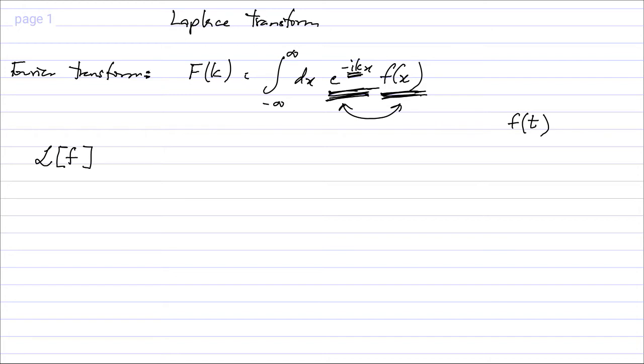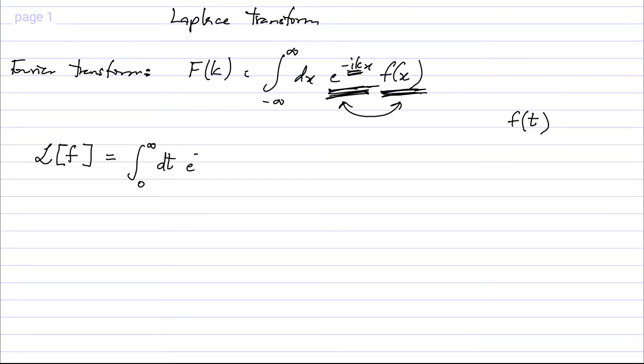Okay, so when you take the Laplace transform of this function small f, you get by definition, so you can take this as a definition of the Laplace transform, the integral from 0 to infinity, for reasons that I just discussed, dt, e raised to power minus pt, and then you have f of t. So this will give you a function of p.